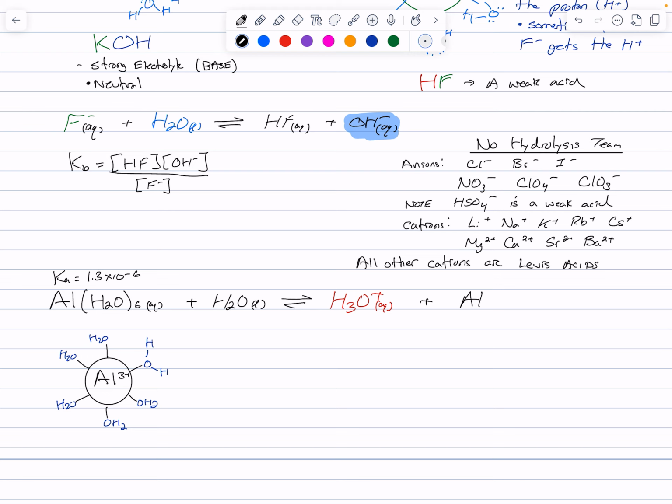And you have your Al. Then you'll have your hydroxide in there, OH. Then, depends on how you write it, Al(H2O)5(OH) 2 plus. Sometimes you might write it Al(H2O)5OH 2 plus. There it is. Either way you want to write it, I'm not going to pick on you on that.